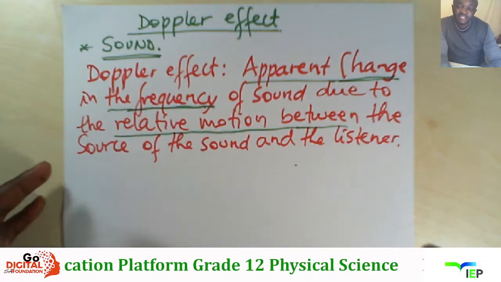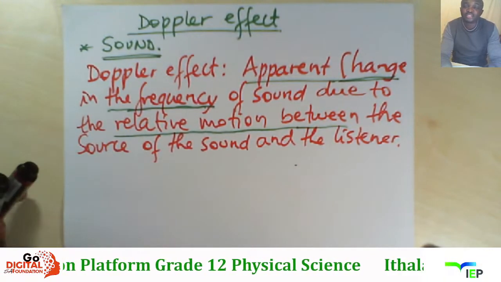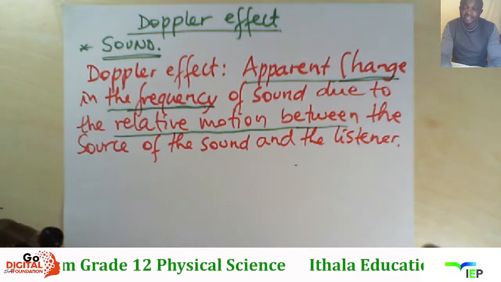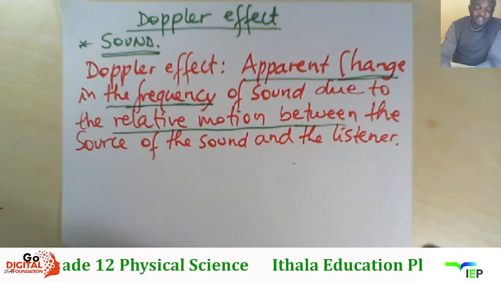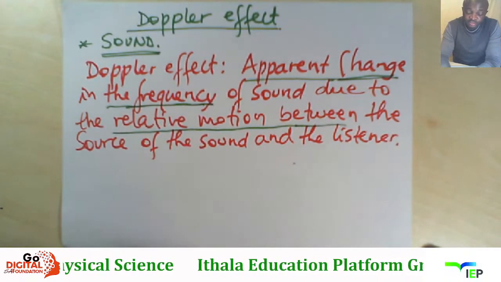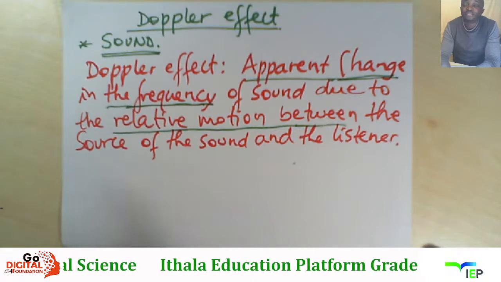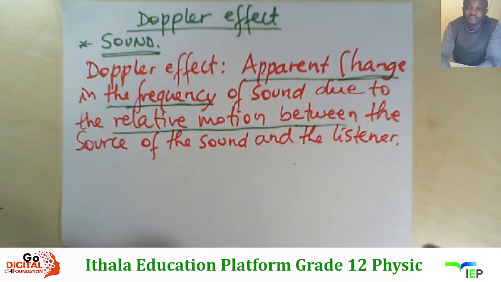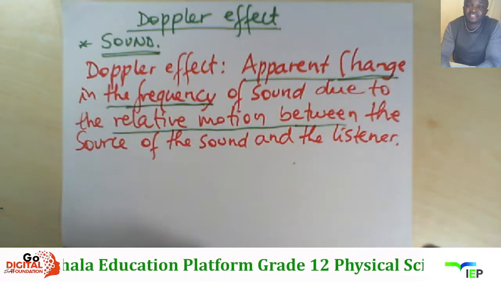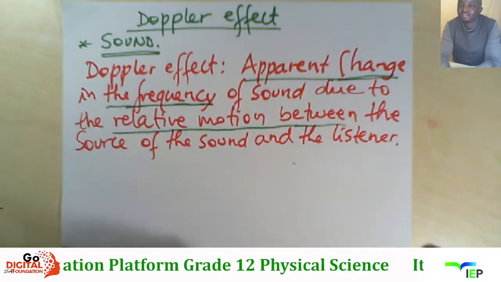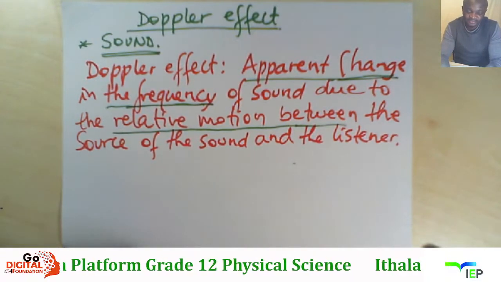Makushinja vele distance between two objects, uyasho ukuthi this object they are moving relative to each other, right? So u-driver akezwa lutho kusho ukuthi njengoba lena there is no change in distance between i-siren no driver, kusho ukuthi there is no relative motion. If there is no relative motion, then there is no Doppler effect.